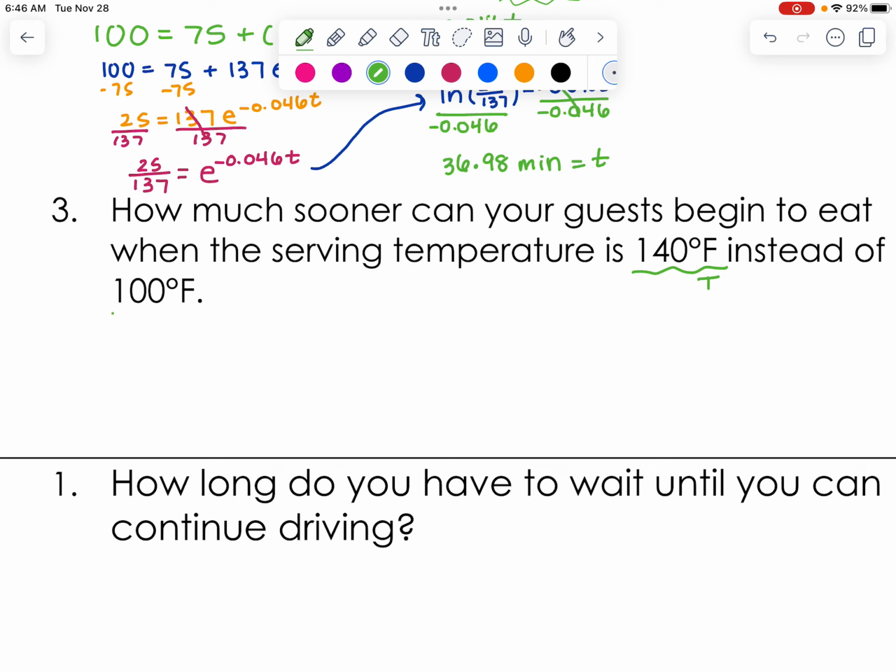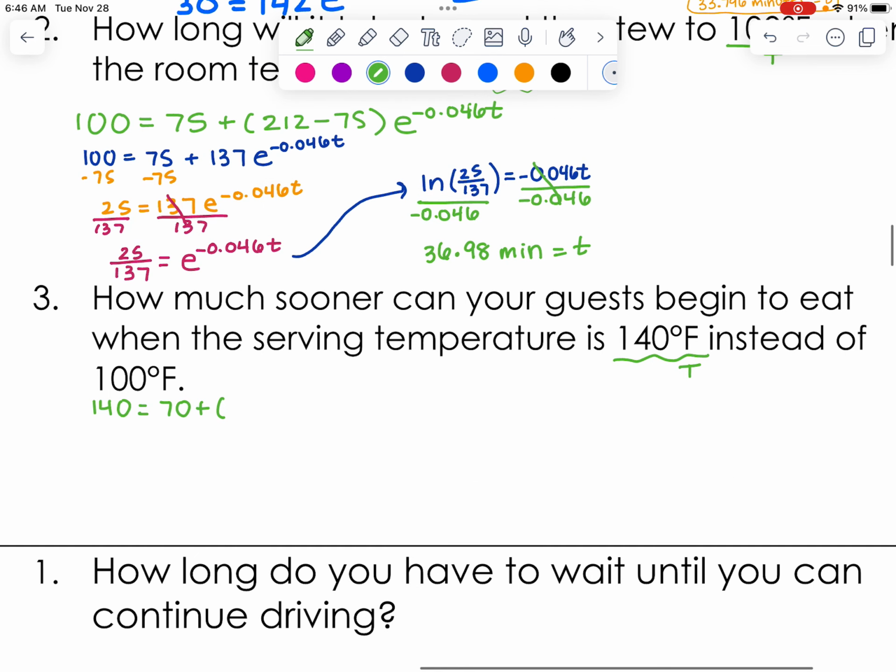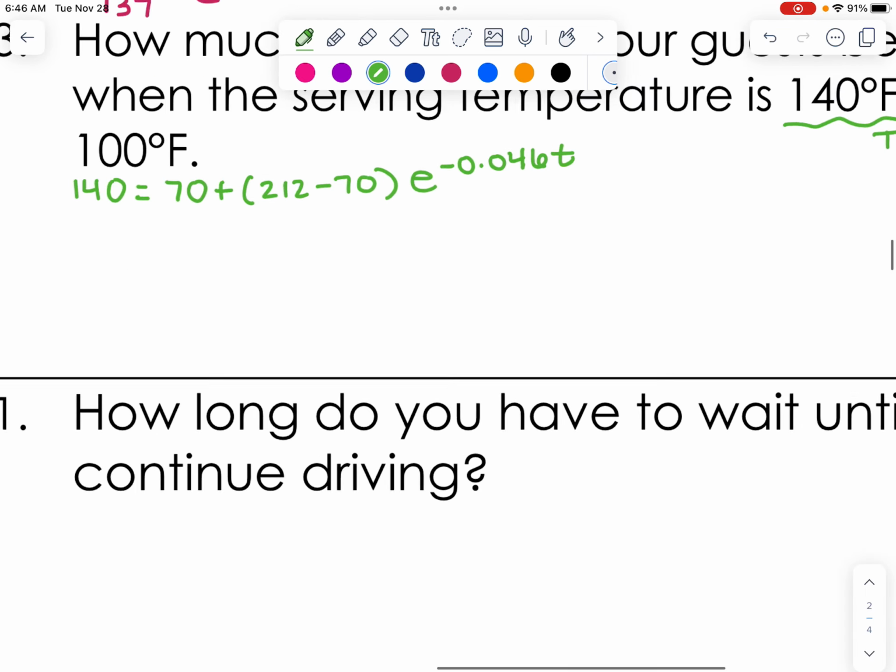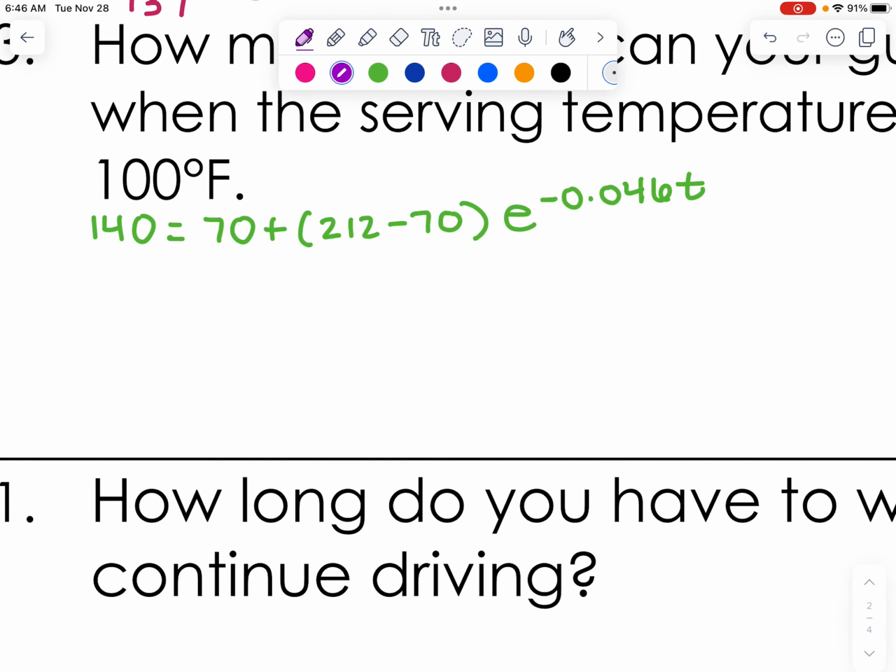So we've got now 140 equals 70 plus 212 minus 70 times e to the negative 0.046t. And we're going to solve this. Starting, 212 minus 70 is 142. So we've got 140 equals 70 plus 142 times e to the negative 0.046t.